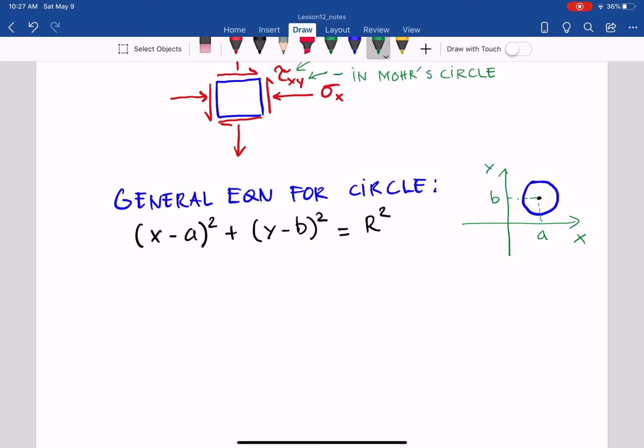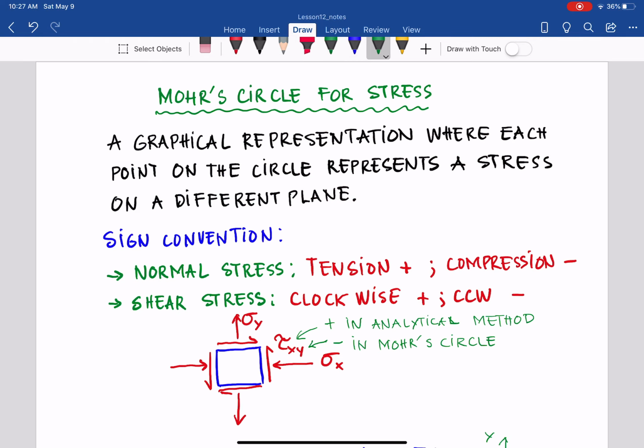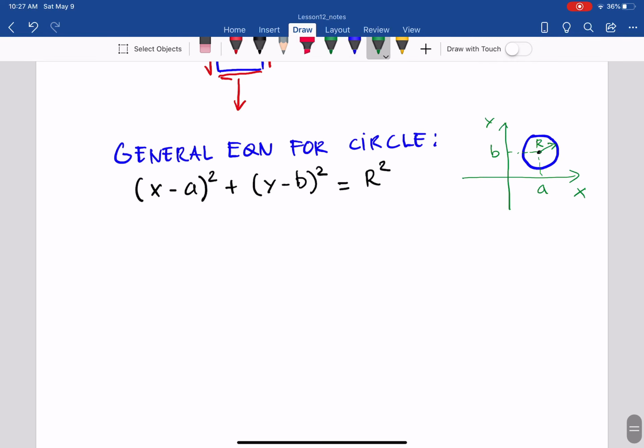So any point on the circle satisfies that, and that is the radius of the circle. So you have that general equation for the circle. Now, the Mohr circle is the same concept, right? But how do we determine a, b, and r, so that we can make the circle? We need to know where the center is and what the radius is. Then we can make the circle.